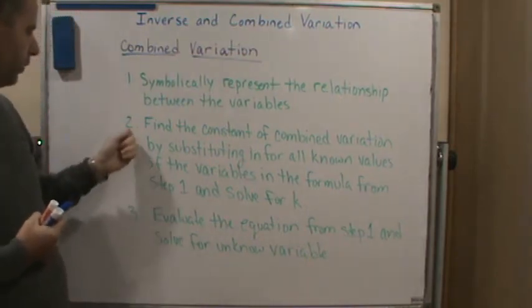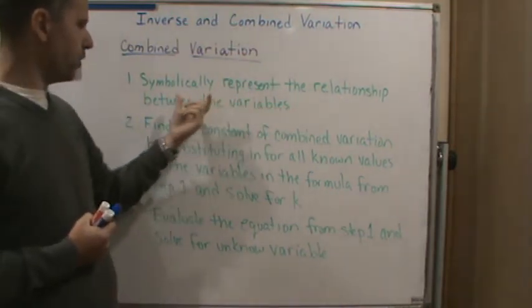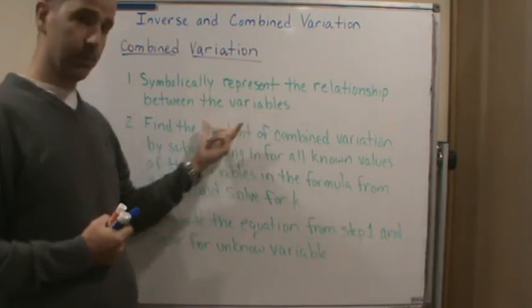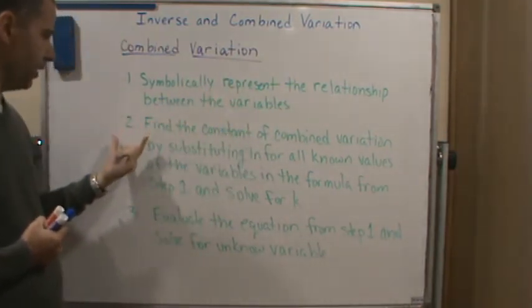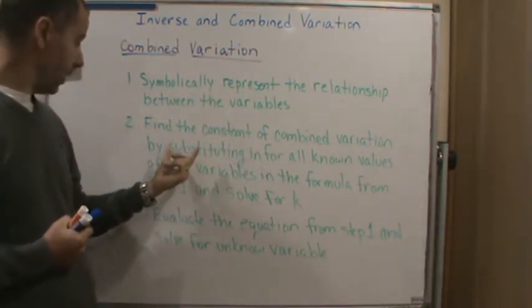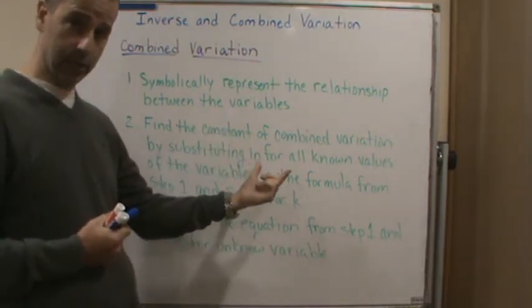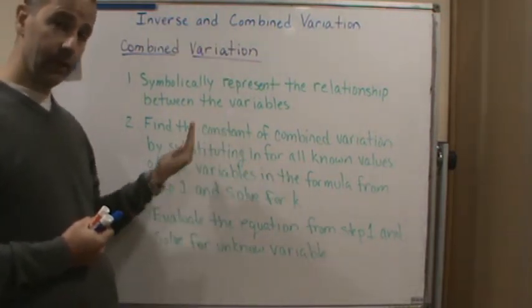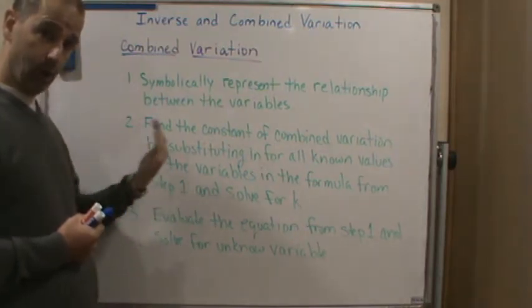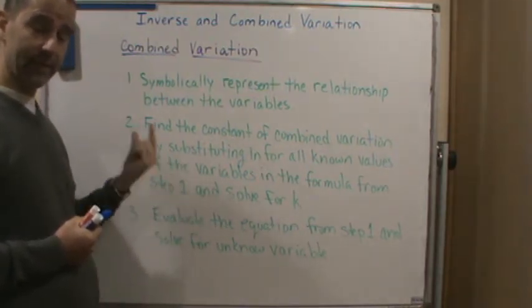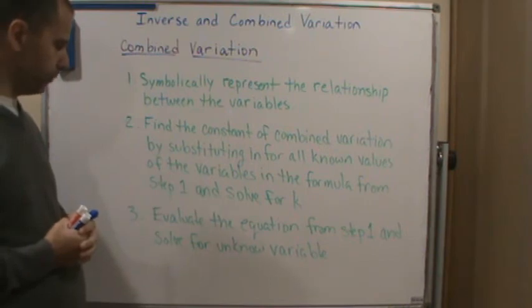Okay, so then once you're able to represent the relationships among the variables symbolically, then you can use that formula to find the constant of combined variation by plugging in the values that you know, right? All the other values you know except for k, and then solving for k.